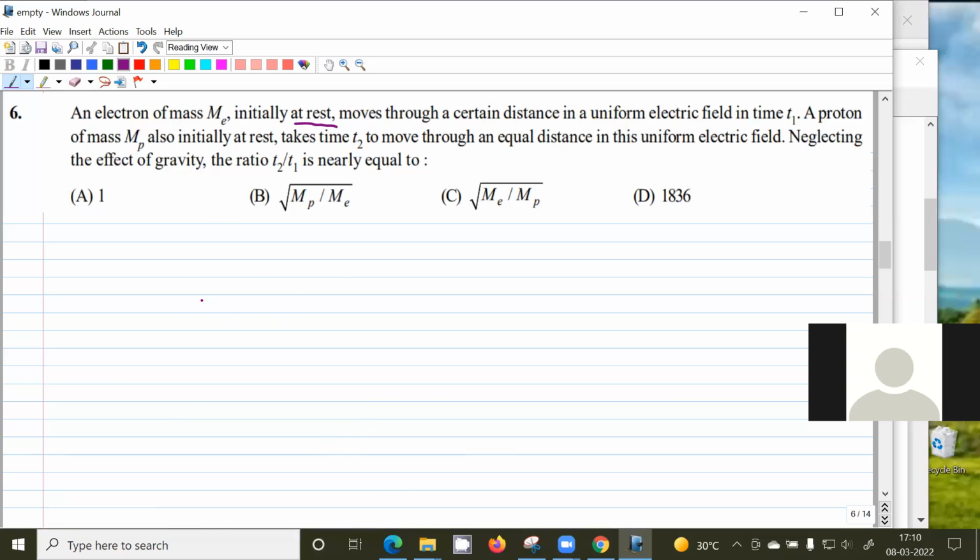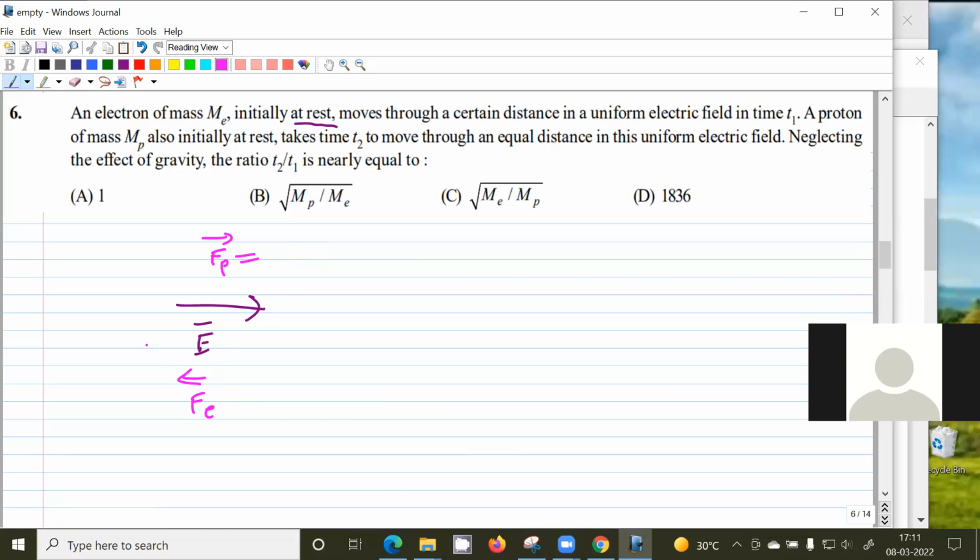Suppose I assume this is electric field. Okay, so the force on proton will be same. Force on electron will be opposite. So proton will move faster than the electron because electron is experiencing deceleration when the proton is experiencing acceleration.